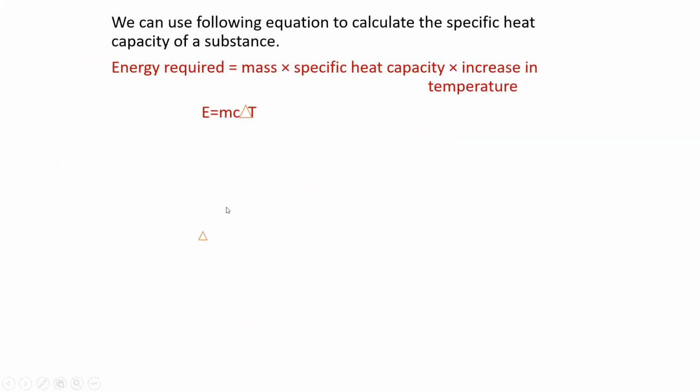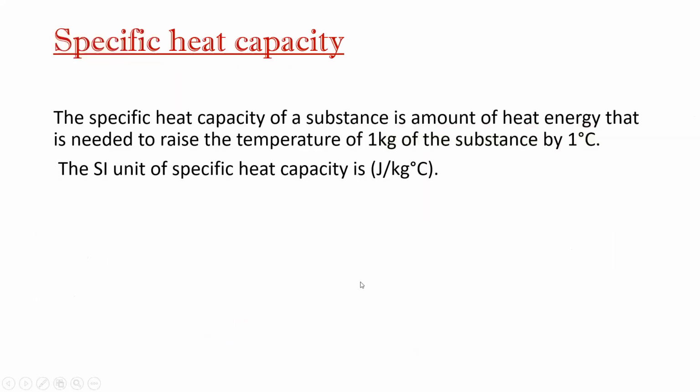How can we calculate this? The formula to calculate the heat capacity. So heat capacity is equal to energy divided by the mass of an object multiplied by temperature change.